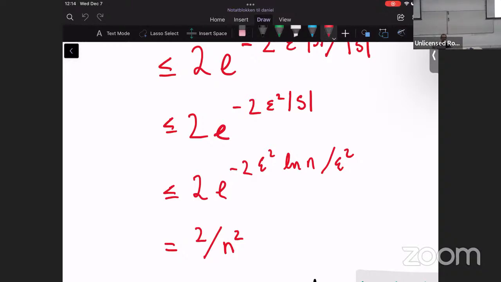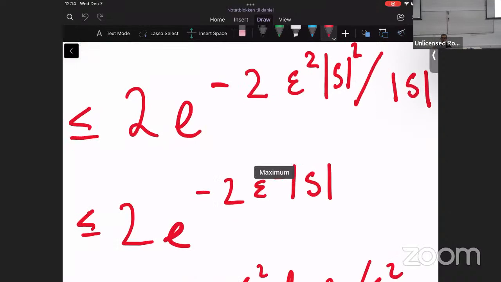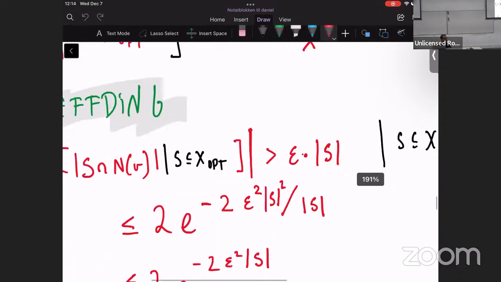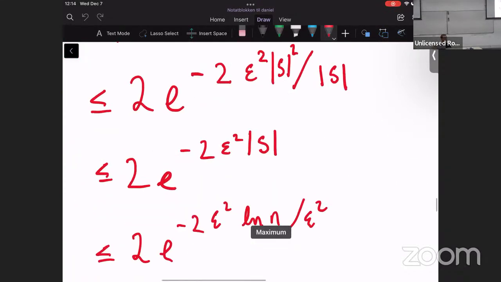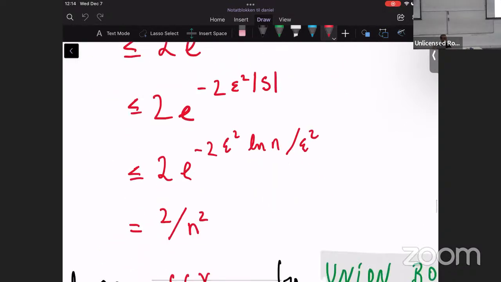When applying my Hoeffding bound, I get an epsilon squared in my exponent, because I want to be only epsilon S away and I'm squaring that. I want the epsilon squared to go away, but I have an S which I'm controlling. So by choosing S to have a 1 over epsilon squared factor, the epsilon squared goes away and I'm left with 2 over n squared.